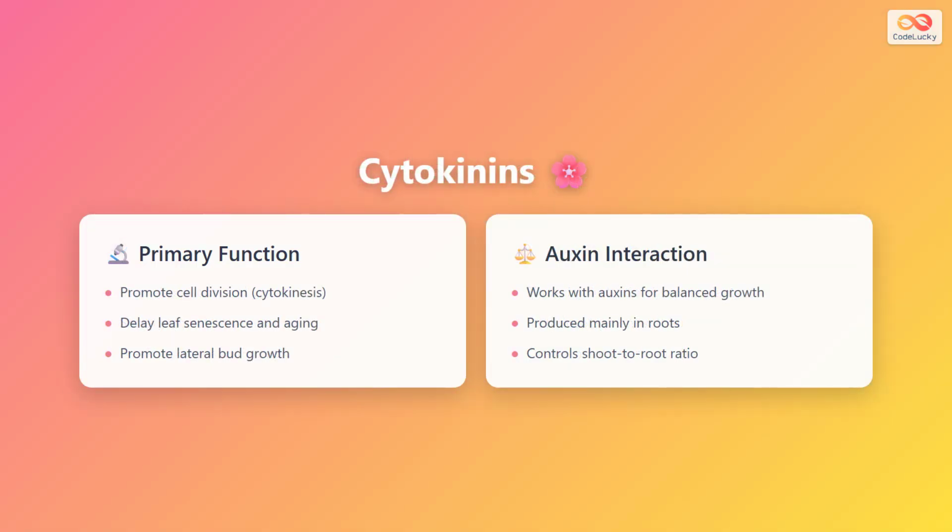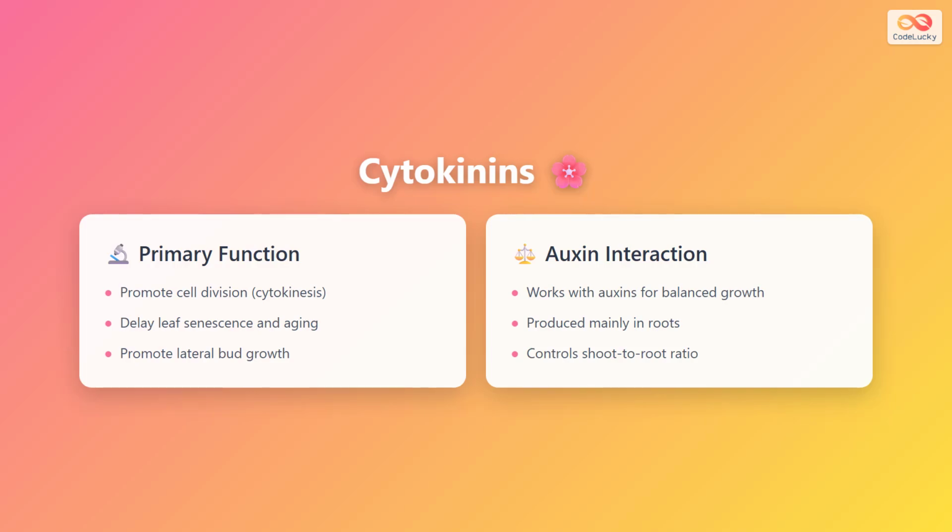Cytokinins get their name from their role in promoting cytokinesis, which is cell division. These hormones are essential for creating new cells and tissues throughout the plant. One of their most valuable properties is their ability to delay leaf senescence, or aging, keeping leaves green and functional for longer periods. Cytokinins also promote the growth of lateral buds, encouraging branching in plants.